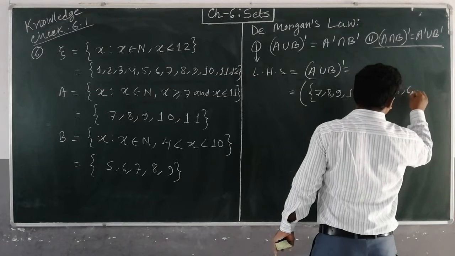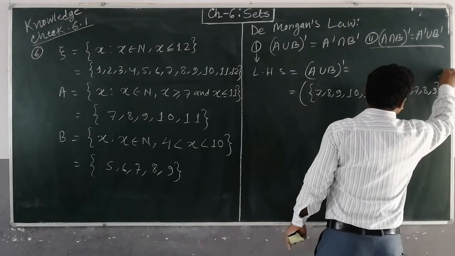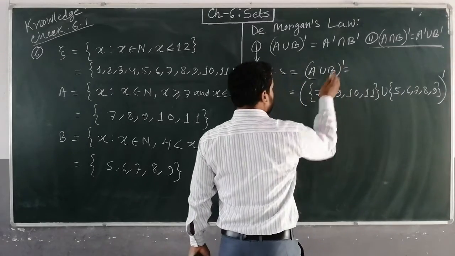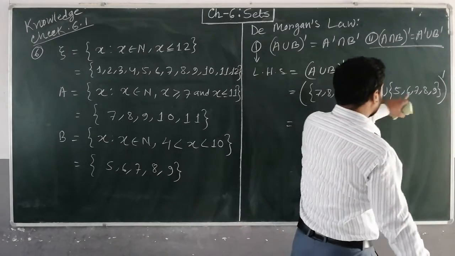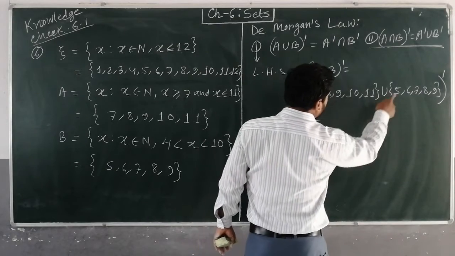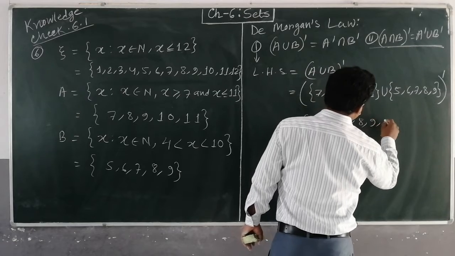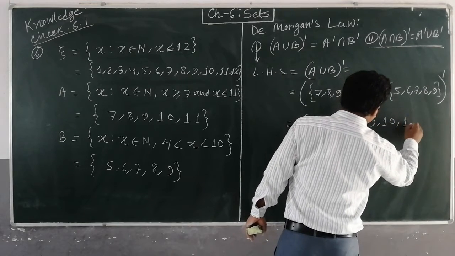And complement, because complement is here. Now find the union. The union will be 5, 6, 7, 8, 9, 10 and 11.